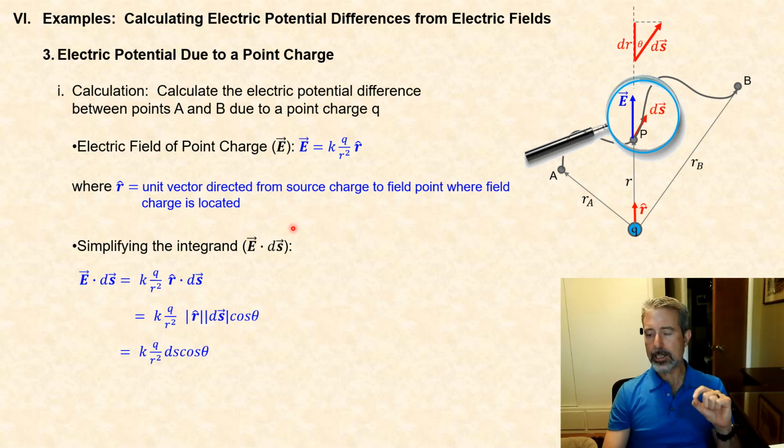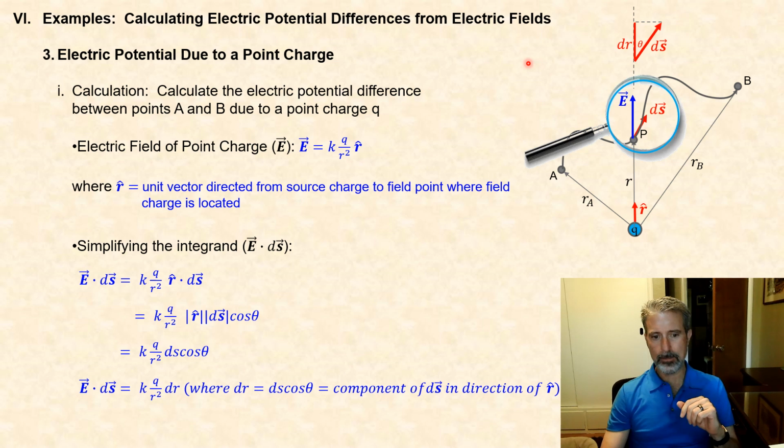Take a look at how to interpret ds cos theta. Do you see that when I'm looking at magnitude only, ds times the cosine theta, we're going to call that dr. Notice that ds cosine theta gives us the component of ds that is in the radial direction.